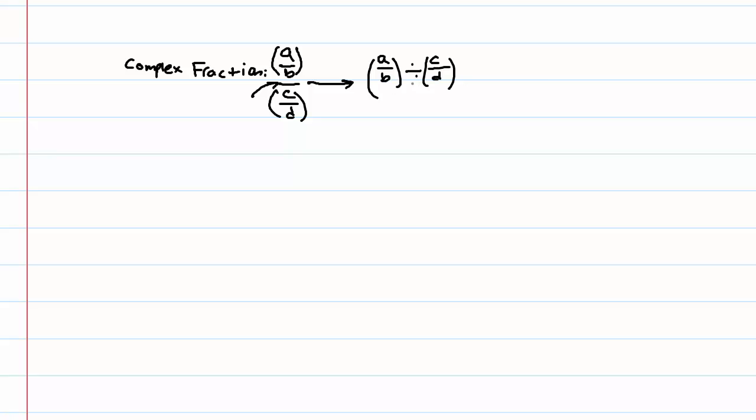We keep the first, we switch the sign to a multiplication, and we flip c and d. So now we can rewrite this as a over b times d over c. And with this, we'll take a look at two examples.